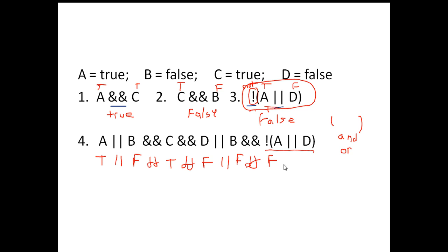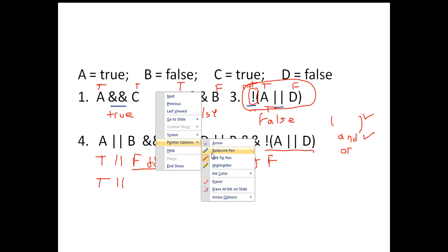Okay, so we just did the parentheses. Now we're going to do the and. So we have false and true. Both have to be true in order to be true. So this is going to now say true or, and then this becomes false.